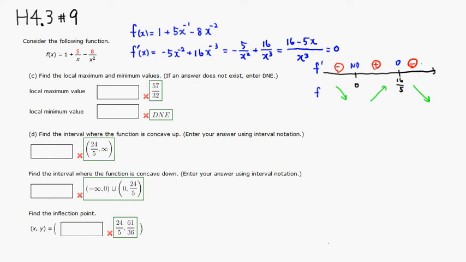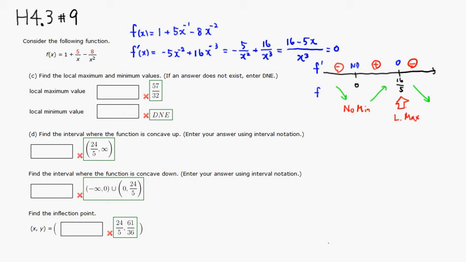You would think that there would be a local minimum here at x equals 0. But the bad thing is the function is actually not defined at x equals 0, so there is no local minimum. But here, increasing turns into decreasing, so you would have a local maximum there.